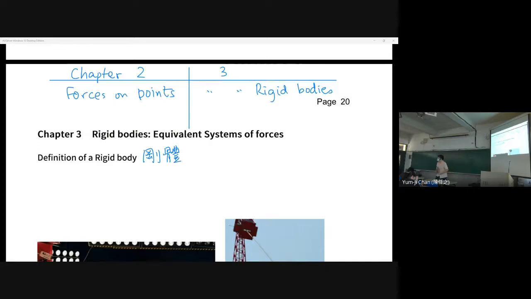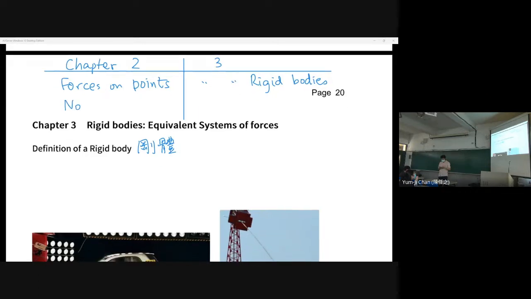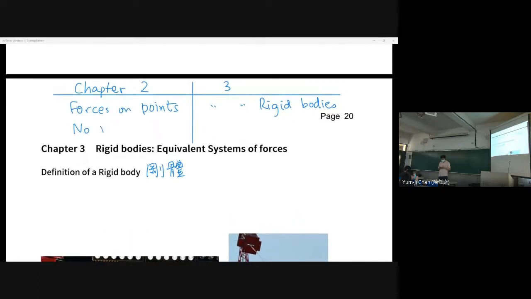So what is the difference between forces on points and forces on rigid bodies? The difference is there is no rotation. We will say there is no rotation on those points.